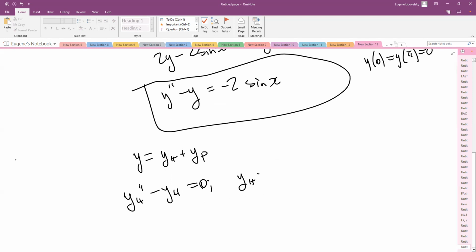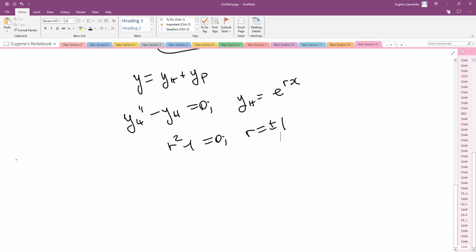Try yh equals e to the rx. r squared minus 1 is 0. r equals plus minus 1. And we have yh, you can either use the exponents or combine them into hyperbolic functions. I'll use the exponents. It's going to be a e to the x plus b e to the minus x.